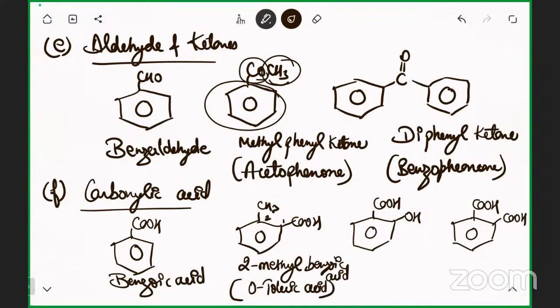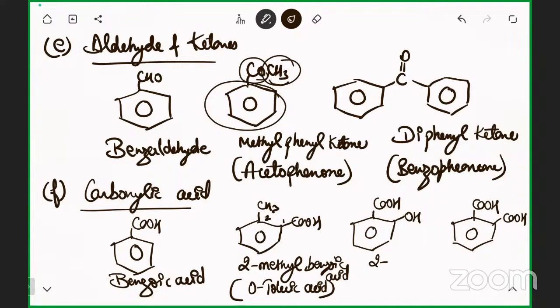Okay, second one. I'll kill you if you will not answer this one, because I have told you the priority order. 2-methyl. Where is methyl? 2. What do we say for OH when it comes in prefix?